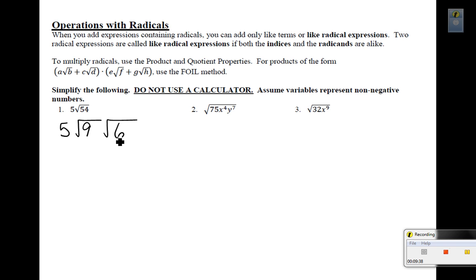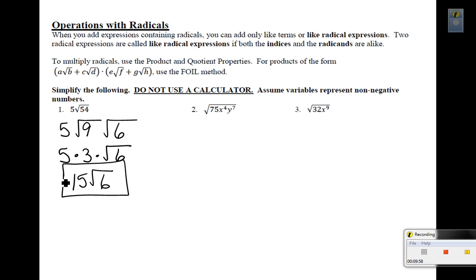The reason being, the square root of 9 is 3. So here goes my answer. This now becomes 5 times 3 times the square root of 6. 5 times 3 is 15, so here's the answer: 15 square root of 6.